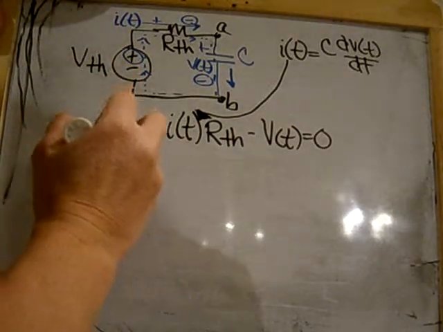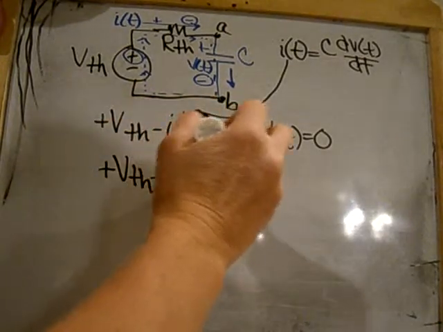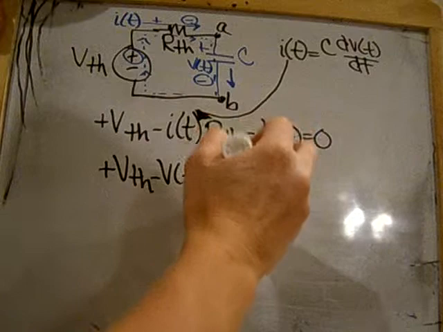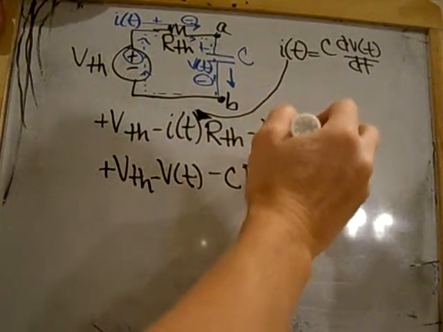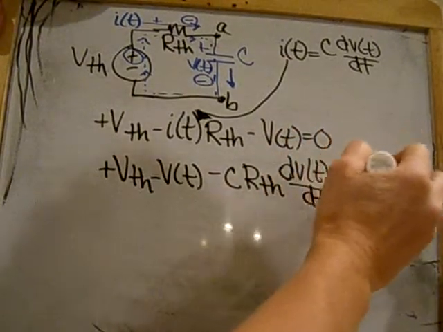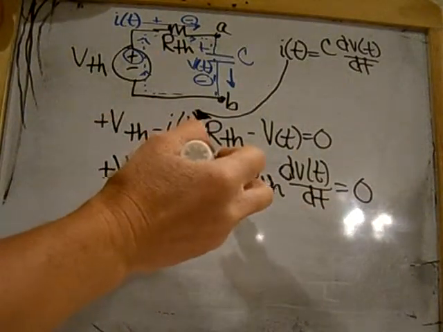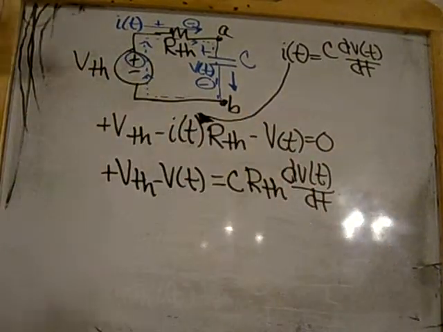And it will be plus VTH minus V of t minus C RTH dV of t over dt equals 0. This can then be taken over to the other side, so it becomes a positive.